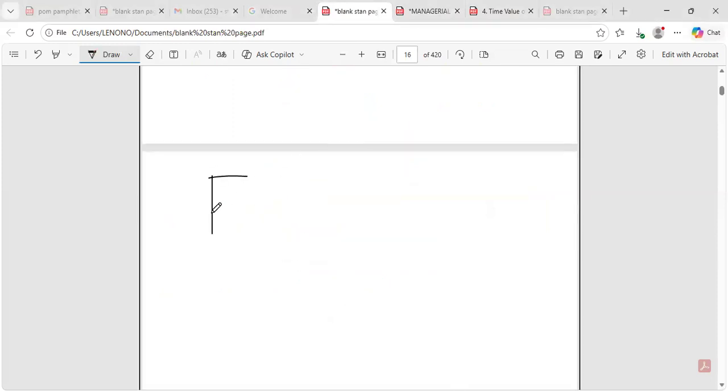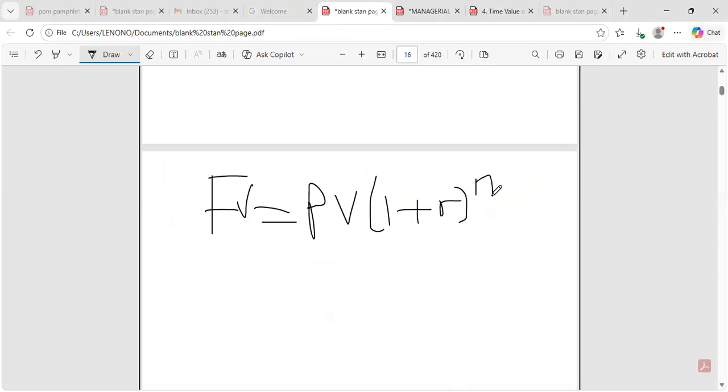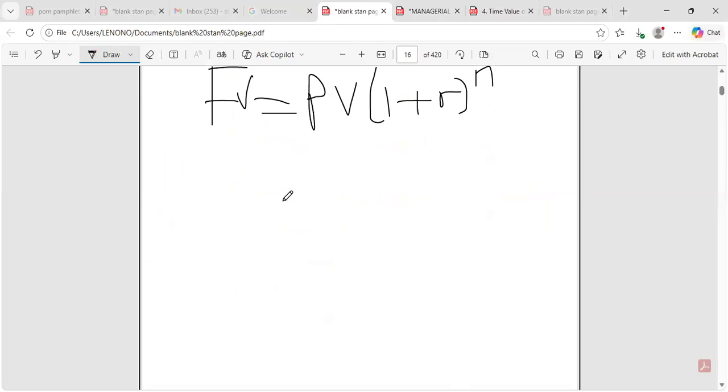So you use this formula. Future value is equal to present value times 1 plus R to the power n. So 17.5 times 2, 35,000.